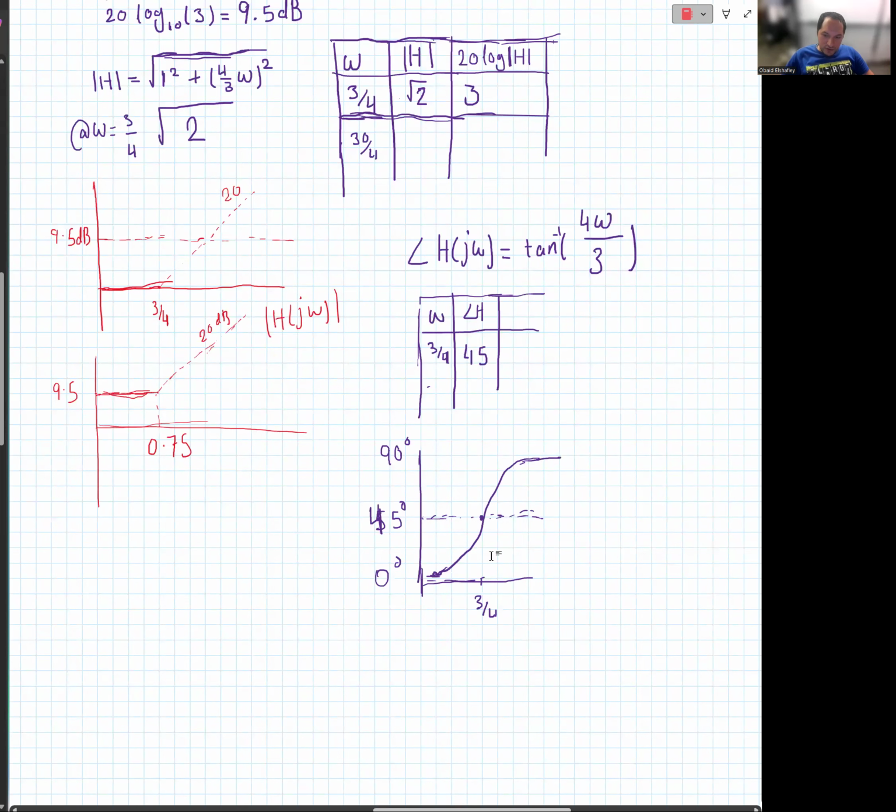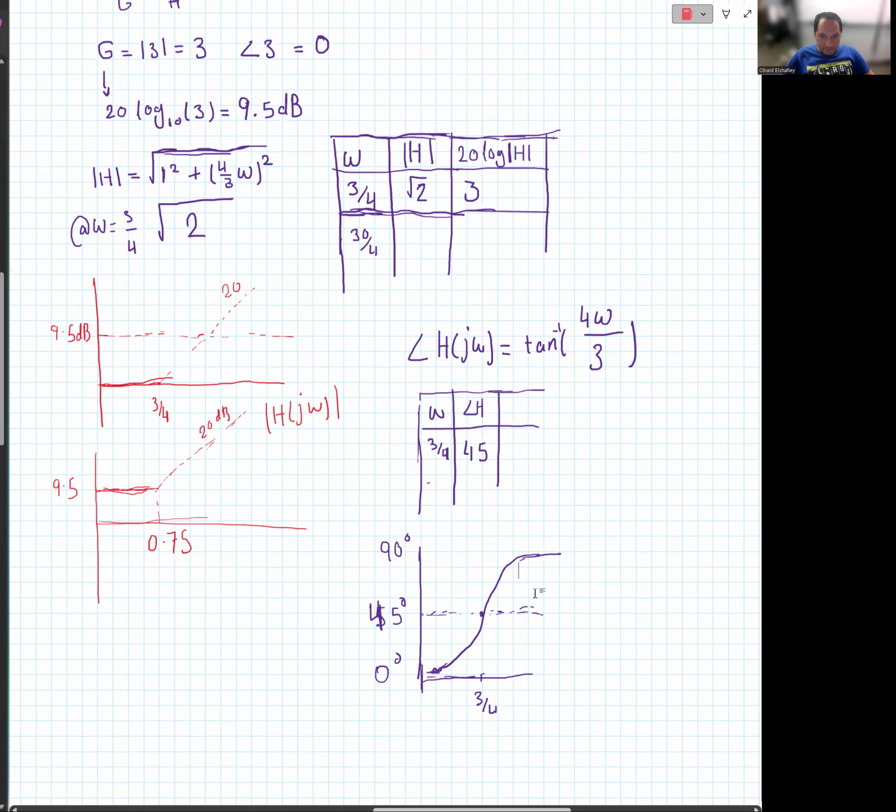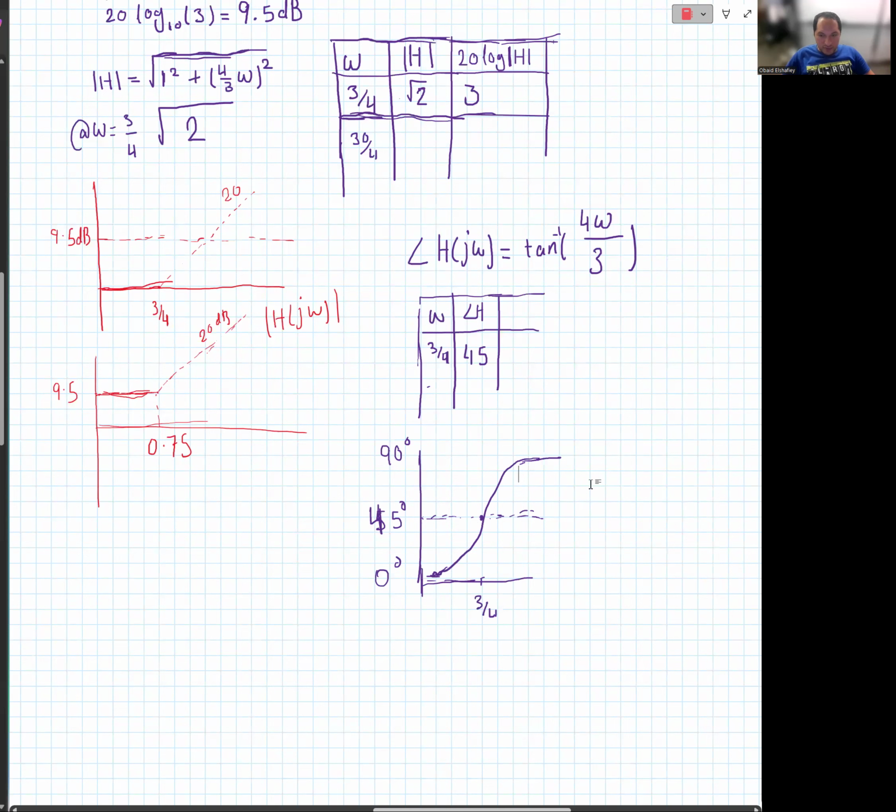You're getting closer to 90 as you grow and getting closer to 0 as the value reduces. The more values you put, the more properly your phase and magnitude plots will look. You can use the 4 forms in the notes, but this is just trying to solve it manually. This is your magnitude plot, and this is your phase plot.